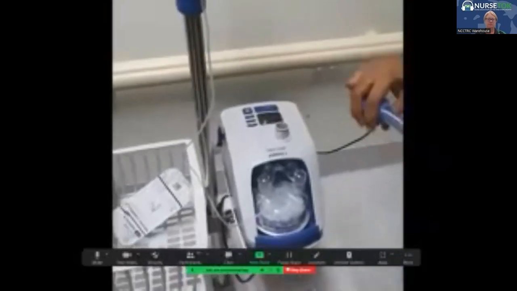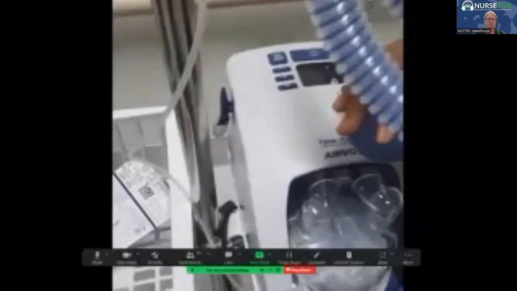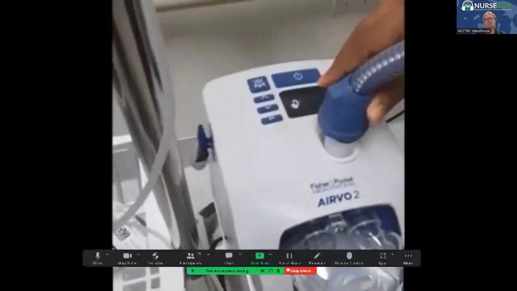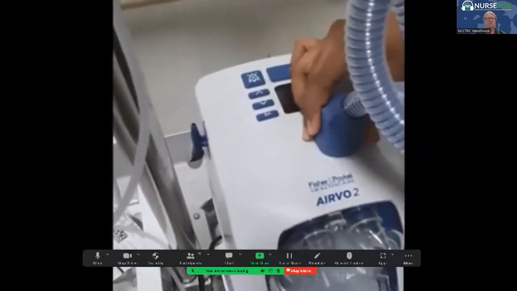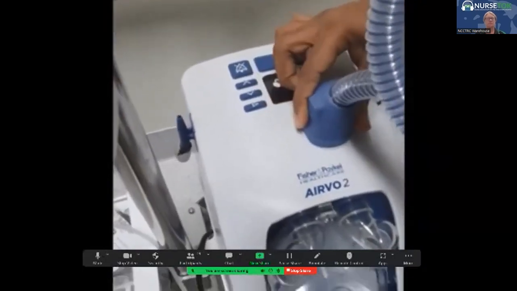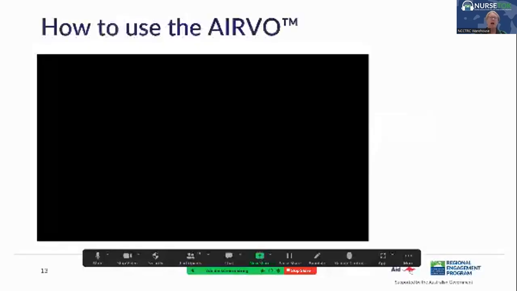So once all that is done, now we're going to connect the heater breathing tube by sliding the blue circuit connector onto the machine. And we'll push down to lock, then the Evo 2 is now set up. So reasonably okay to set up.